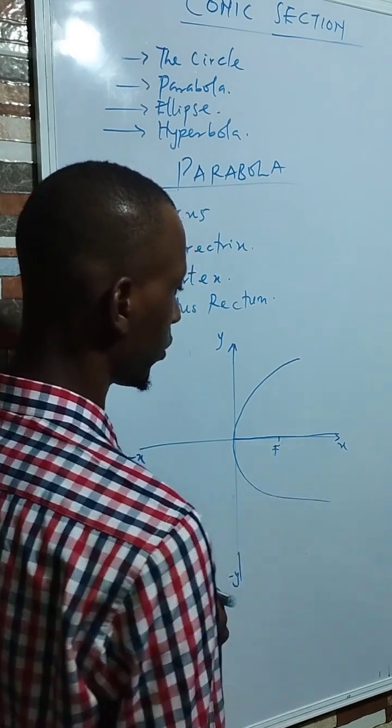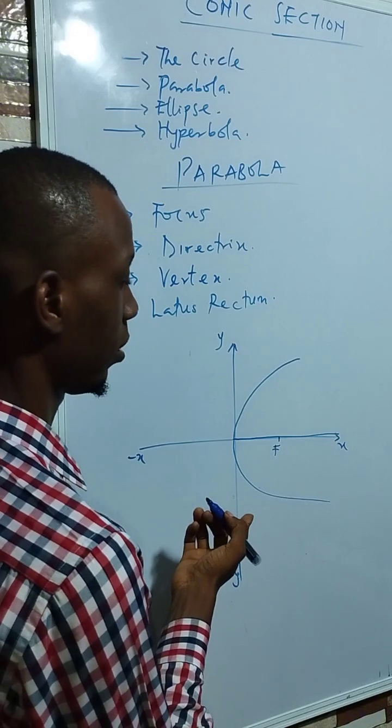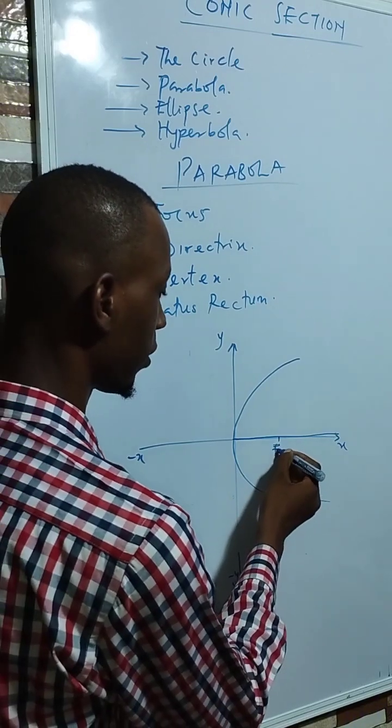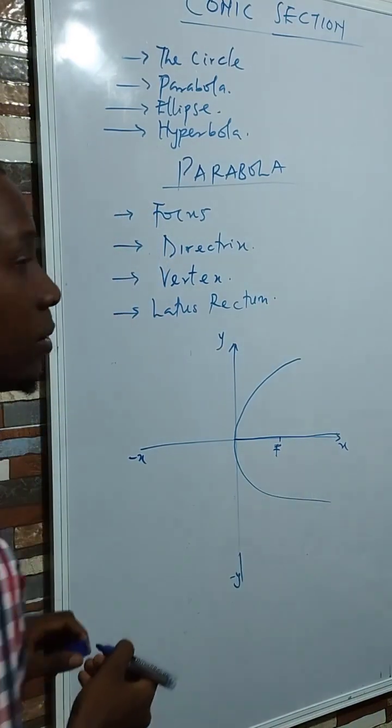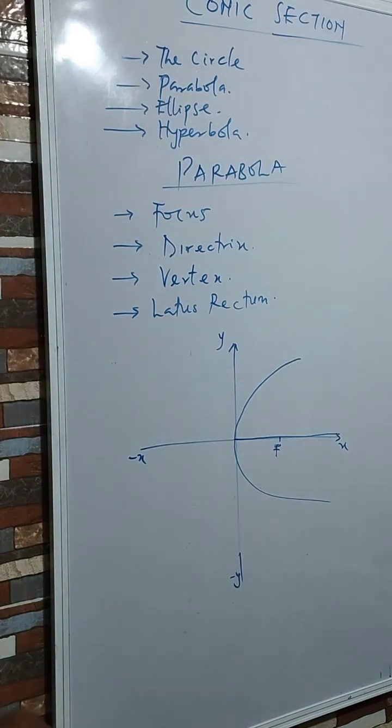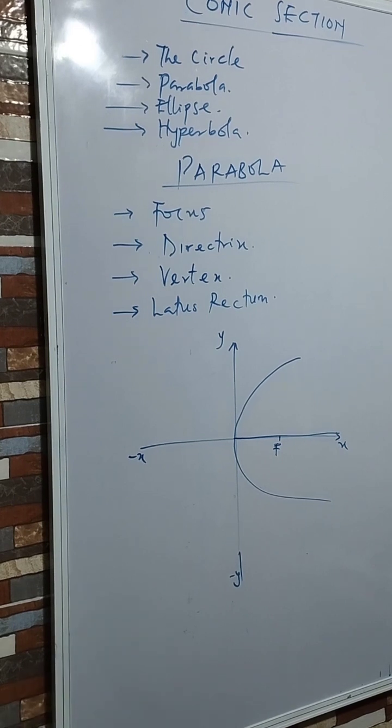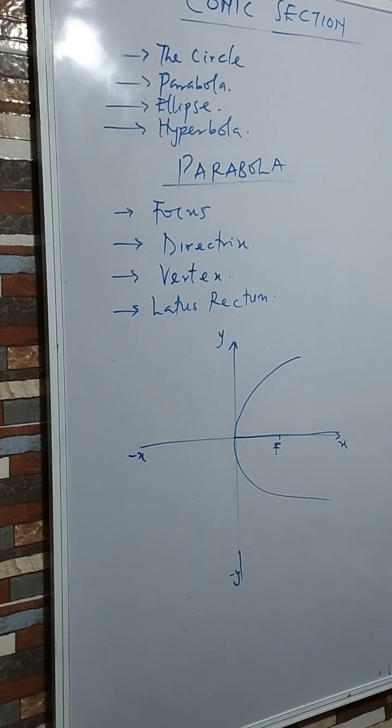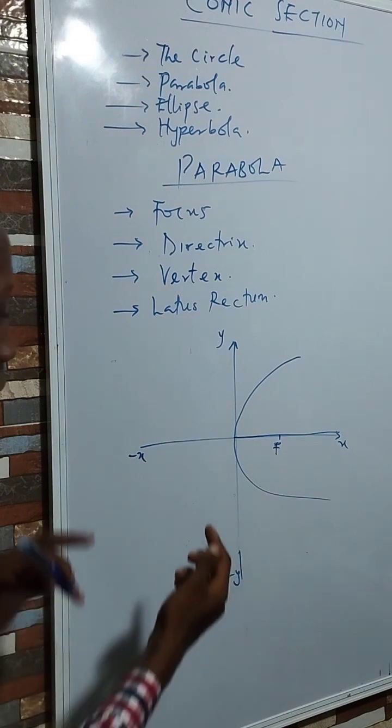This can be a focus. It's just a reference point. If you remember when we defined the parabola, we said a parabola is the locus of a point, and that point is what we refer to as the focus. And that focus is the one moving.